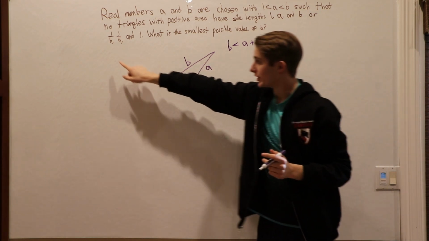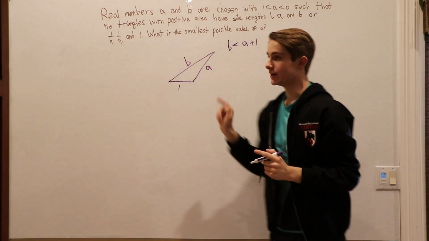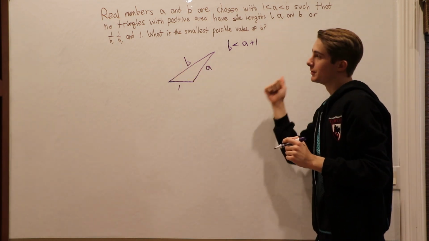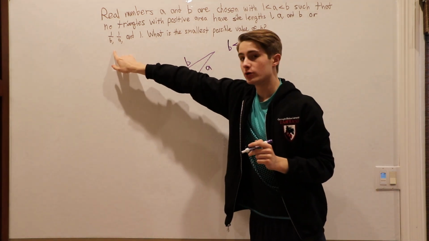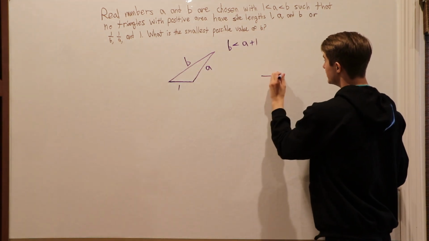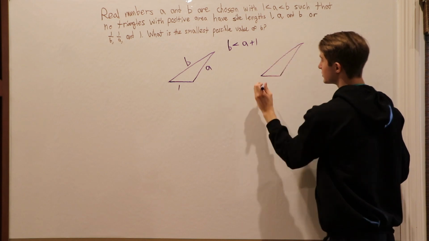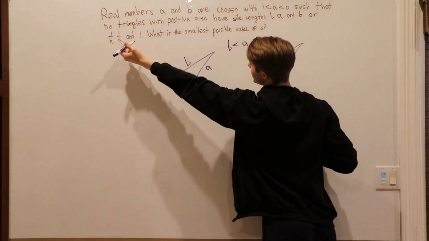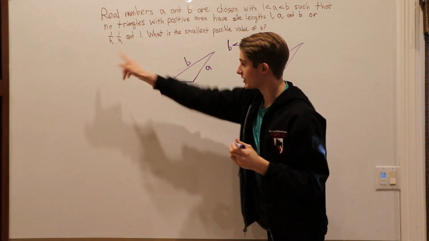We also have the second triangle, 1/b, 1/a, and 1. Now when we look at that triangle, b is the biggest number, which means that 1/b is going to be the smallest number. So this triangle is going to have 1/b down here, and then again a is greater than 1, so 1/a is going to be less than 1.